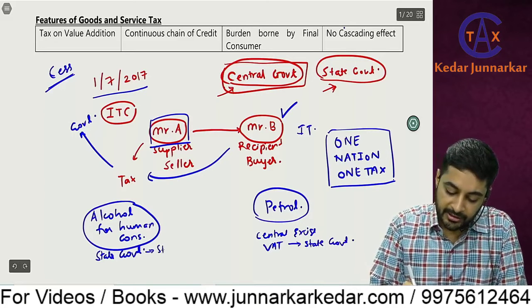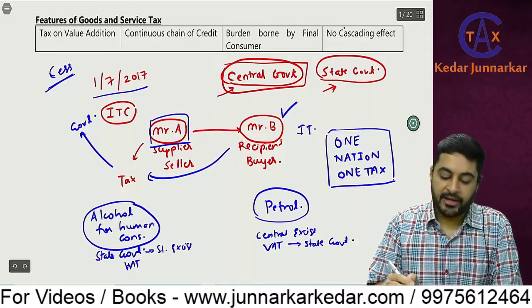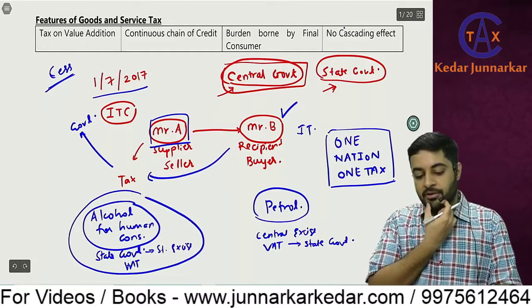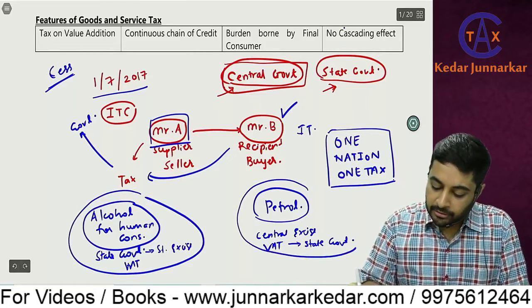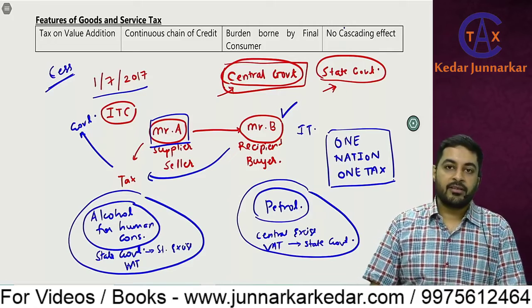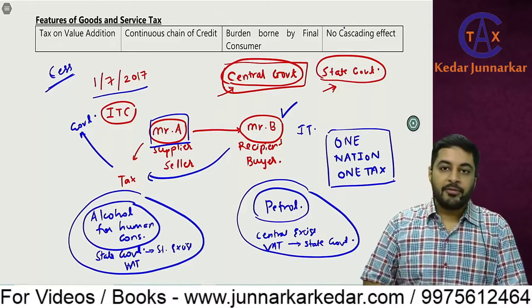So state excise and VAT. The entire tax on alcoholic liquor for human consumption goes to state government. In case of petrol, some part of the tax goes to central government, some part goes to the state government.